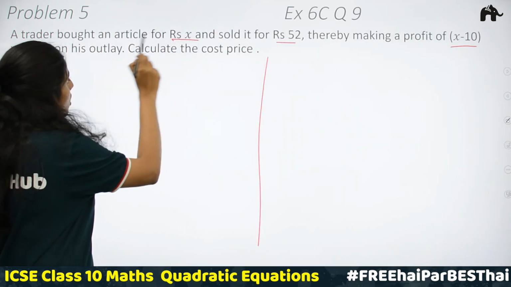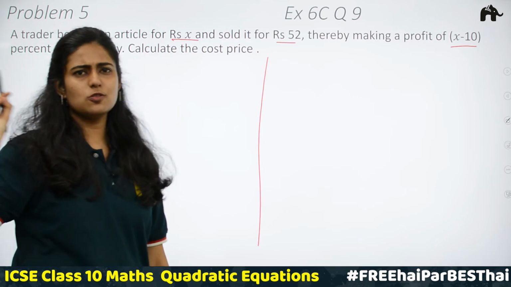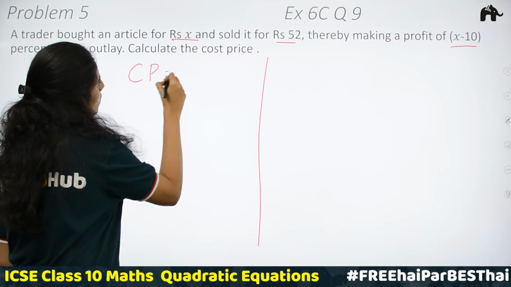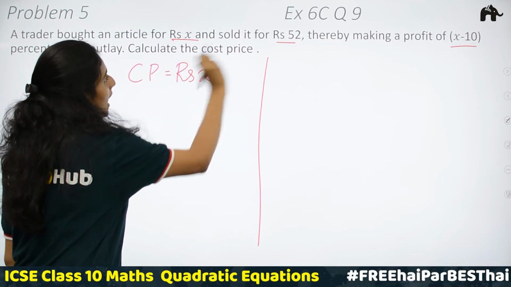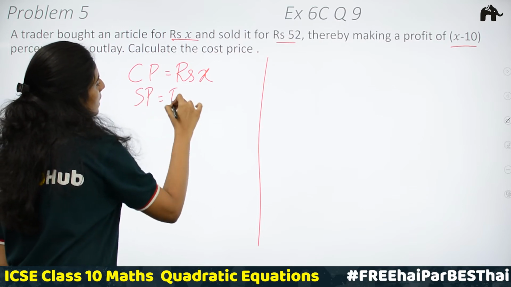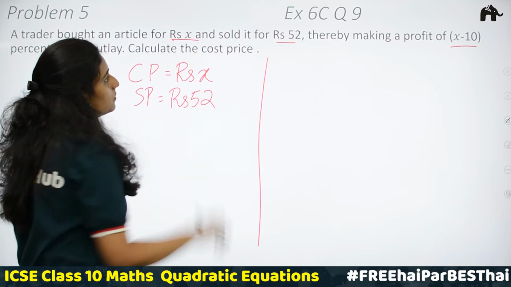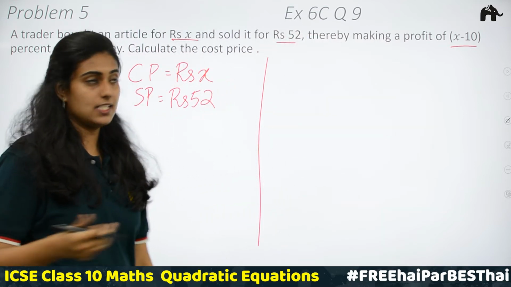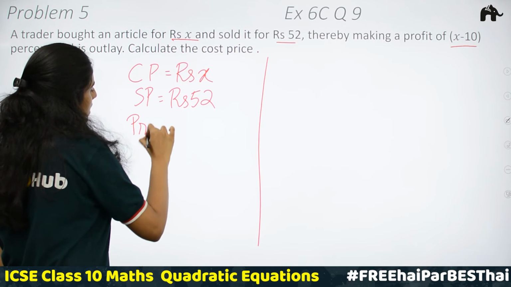A trader bought an article for rupees X. Then what is rupees X? Rupees X is the cost price. Cost price is equal to rupees X. And sold it for rupees 52. Selling price is equal to rupees 52. Thereby making a profit of X minus 10%. Profit percentage is given.